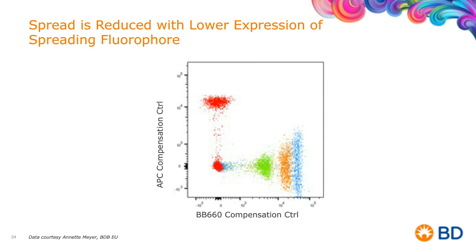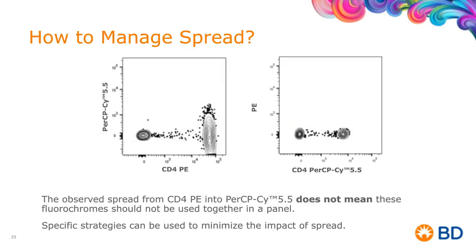Spread, though. So here's a good example between two: the CD4 PE, lots of 40,000-plus receptors, that with great resolution, right, we're able to see the spread into the PerCP-Cy5.5 channel. But yet if we take PerCP-Cy5.5 into the PE channel, it's relatively nothing at all, although the resolution is less.